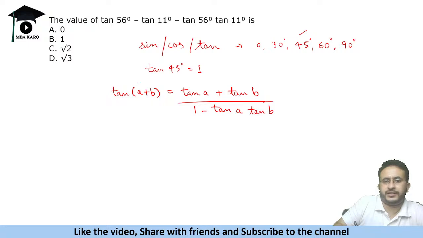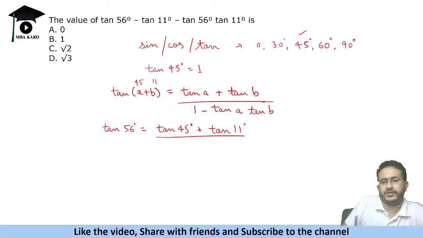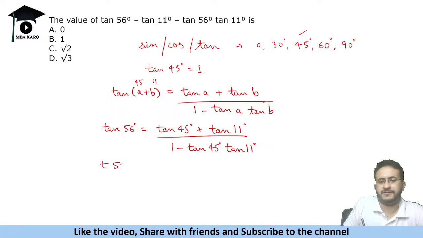So if you replace a by 45 and b by 11, we will get tan 56 degree is equal to tan 45 degree plus tan 11 degree upon 1 minus tan 45 degree and tan 11 degree. tan 45 degree is 1. So we will get, writing T56 for tan 56 degree, 1 plus T11 upon 1 minus T11.